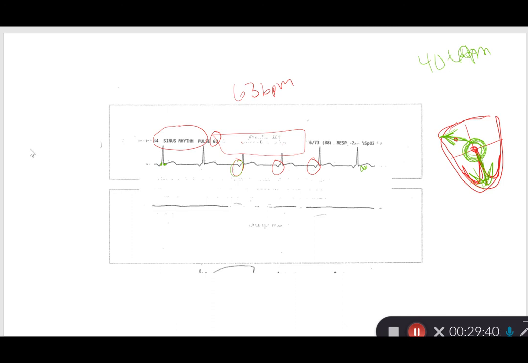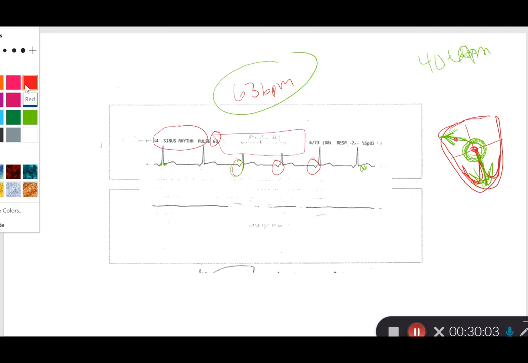Accelerated junctional rhythm is going to be above 60 and less than 100. So it is accelerated for that pacemaker site because the normal intrinsic rate of the AV node is 40 to 60. However, it's not quite tachycardic, which we consider 100 and over. So this rhythm, being 63 beats per minute, does fit in that accelerated junctional category.